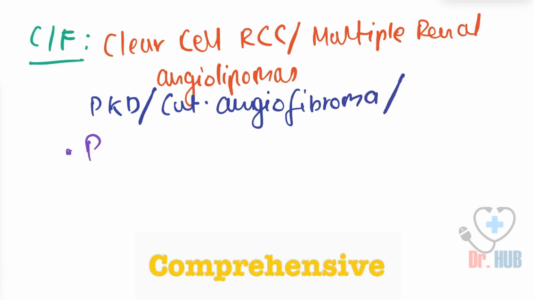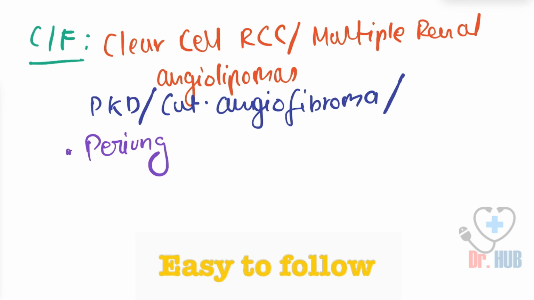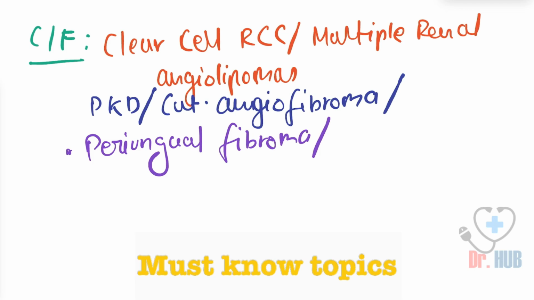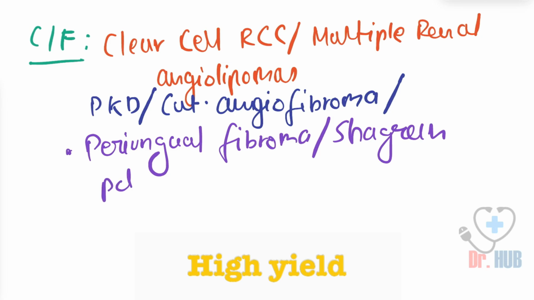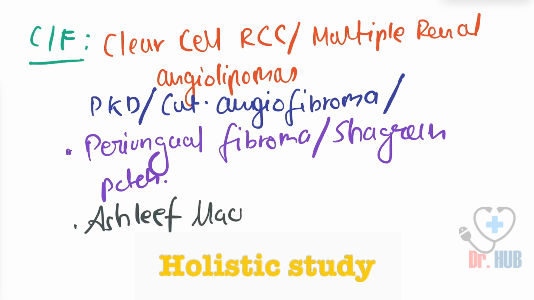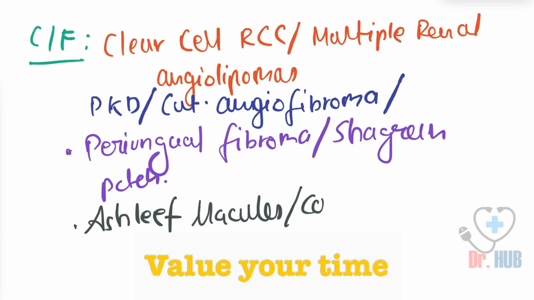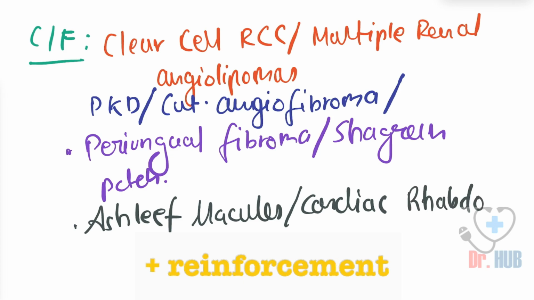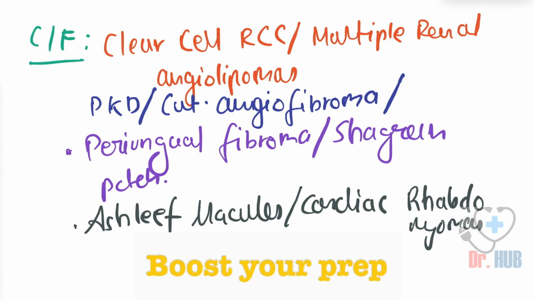There is the periungual fibroma. There is shagreen patch. Next, there are ash leaf macules. And there is cardiac rhabdomyoma. Then there are subepidermal nodules.